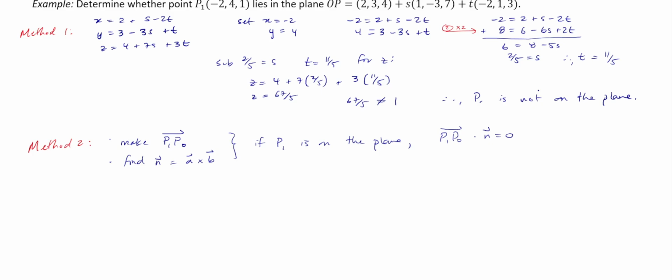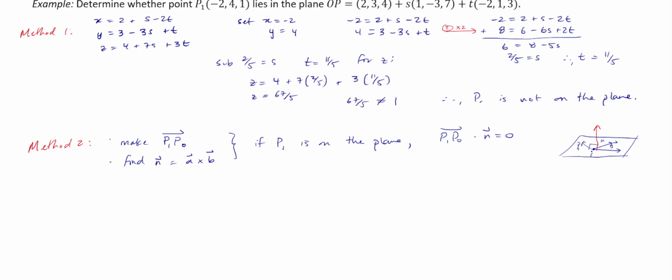So if you think about this, this is your plane, all right? If you have A and B here, and you form a normal vector on that plane, and you have another vector, so P0 and then P1, if P1 is on that plane, then it should also be orthogonal, or perpendicular, to the normal vector.